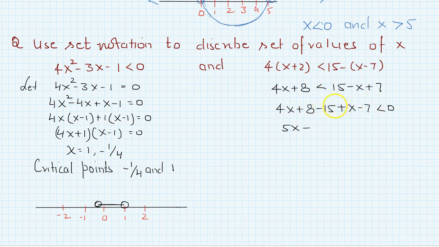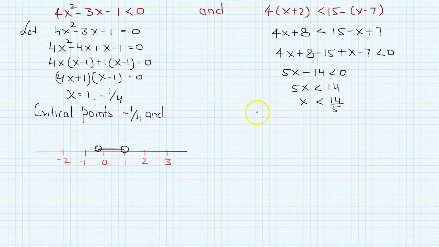So minus 14 is less than 0. So 5x is less than 14. x is less than 14 over 5. So this one is roughly this one. So this is the value.